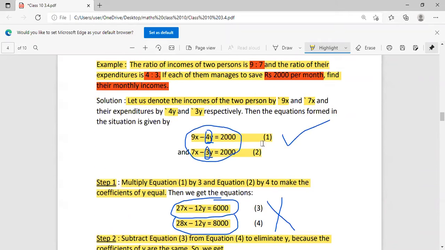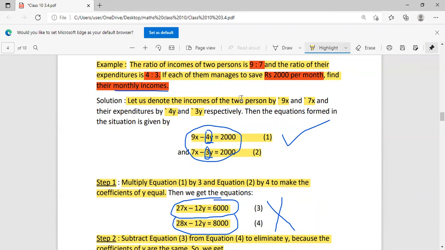But actually, what is our question? Our question was not to find the x and y values, because the variables x and y we had invented. In our question, we are asked to find their monthly income. That is our aim.